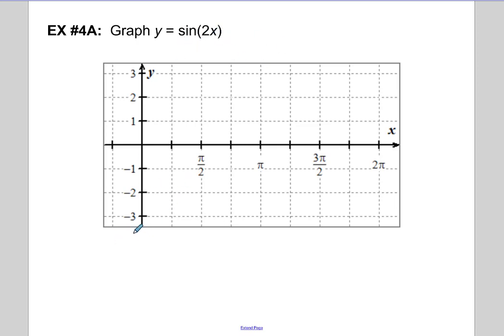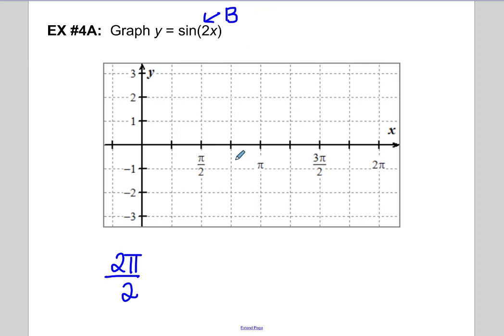To find the period, you've got to get the entire graph to go between 0 and 2 pi, but we're doubling that. So if 2 pi is the normal period, and you have double that, then we're going to cut that in half.